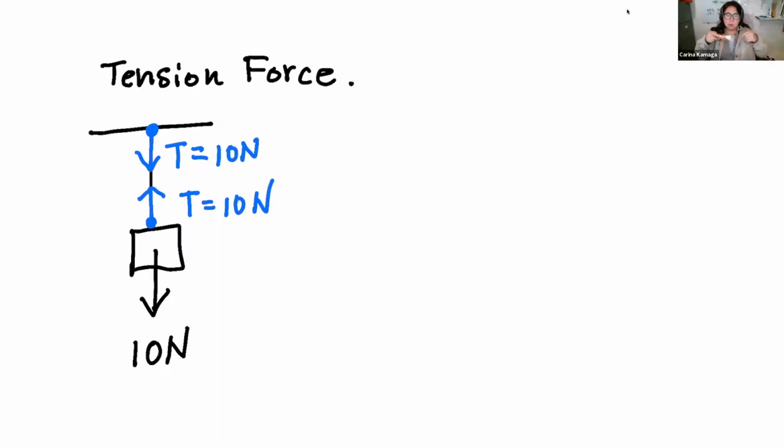In fact, can we have a tension force along the rope that's different? Can you have a tension force over here that is 10 Newton, but over here is 5 Newton? Different tension force? If you don't count the mass of the rope, then tension force should be the same everywhere. Newton's third law of motion, right?